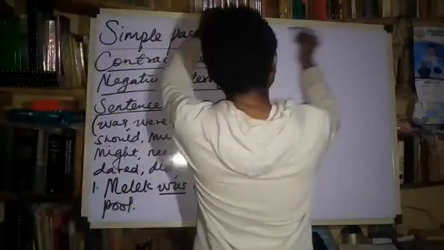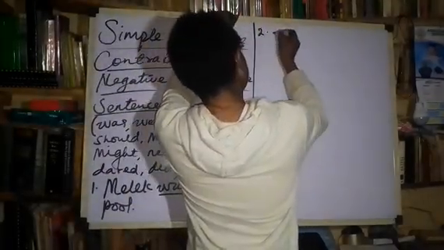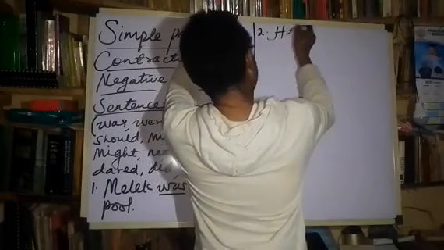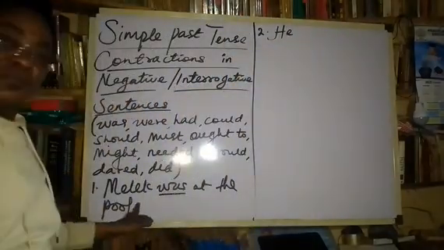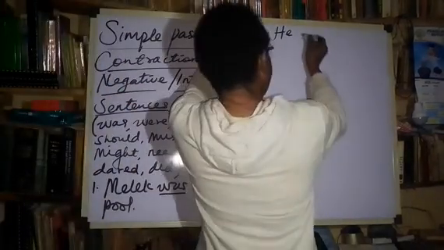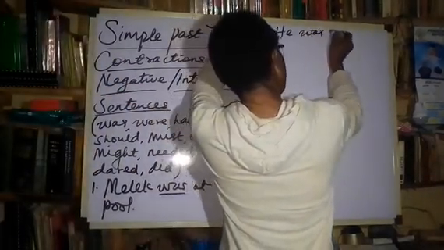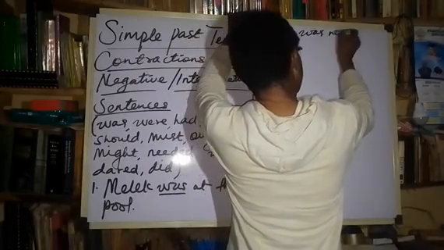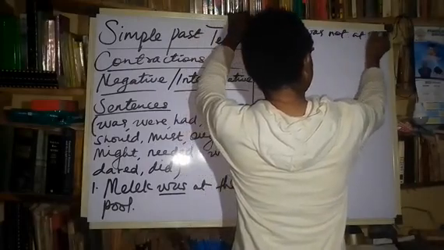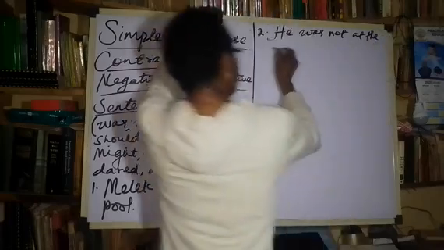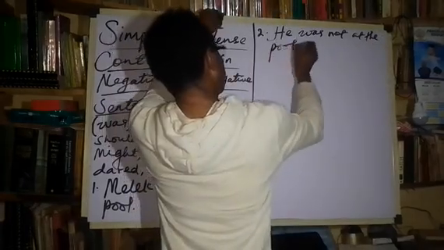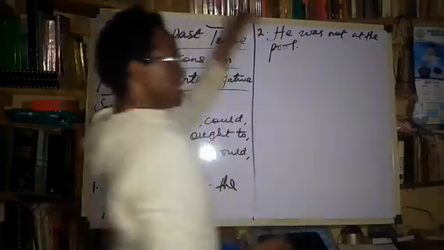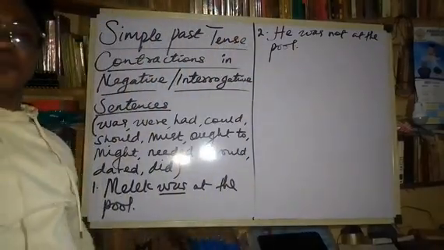So we can say he, for the noun Melek, was not at the pool. He was not at the pool.